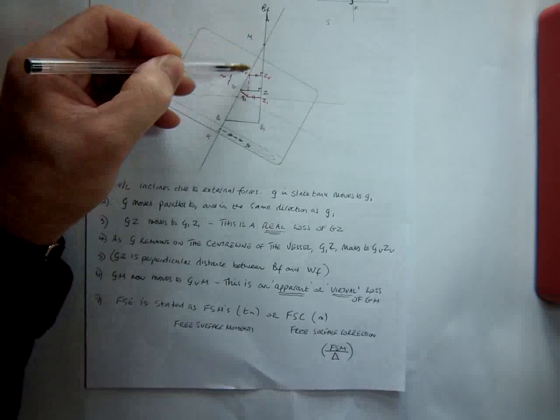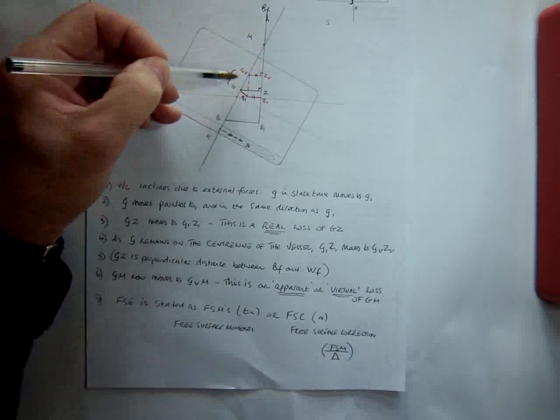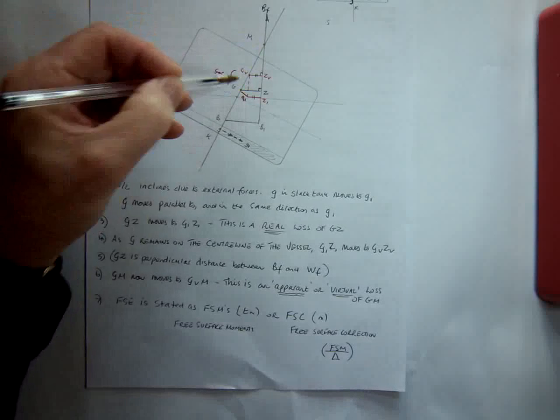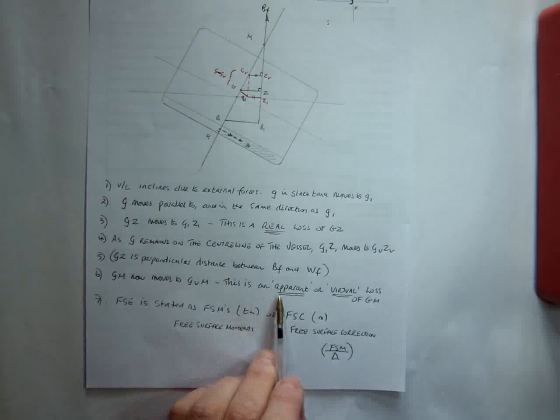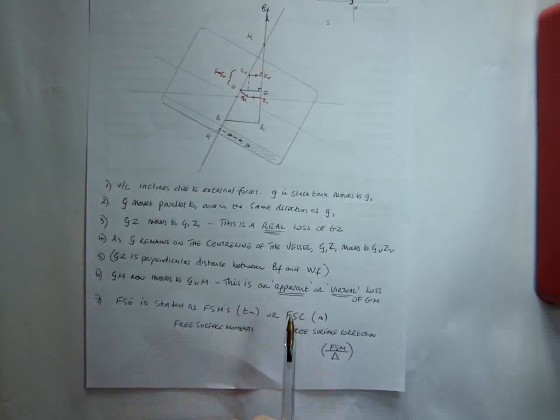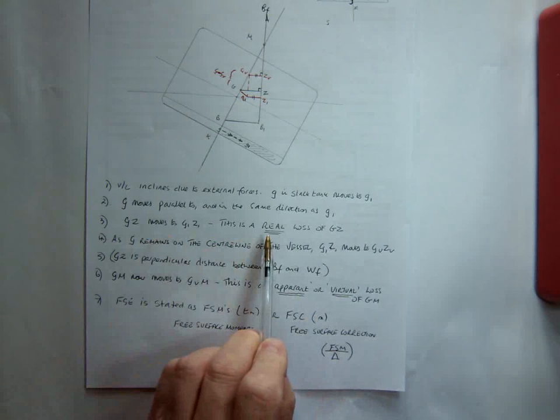Now it's GV to M. So we've suffered a virtual or apparent loss of GM, and it's that value there that is the amount that we've lost, and it's important that you state that it's virtual or apparent. You don't need to go too deeply into it, but definitely don't get these two mixed up. Your GM is an apparent or virtual loss, your GZ is a real loss.